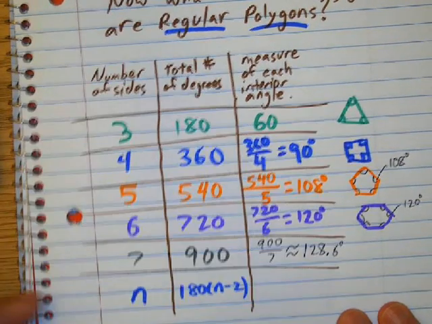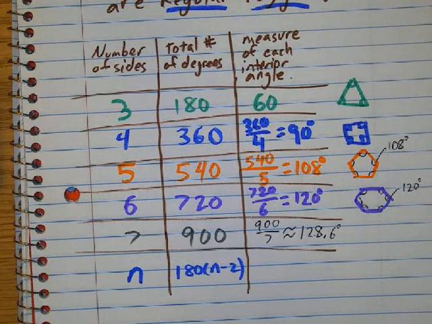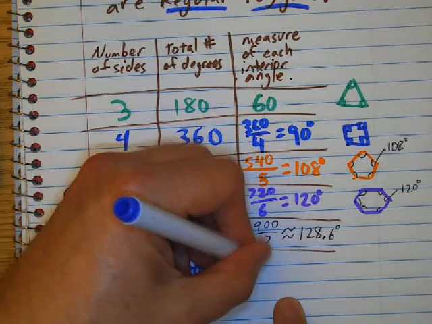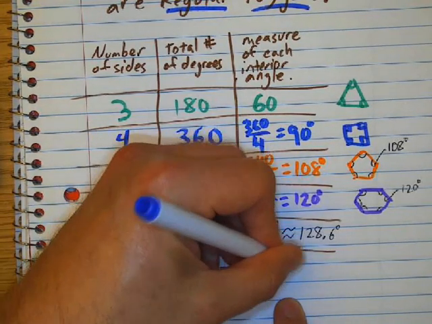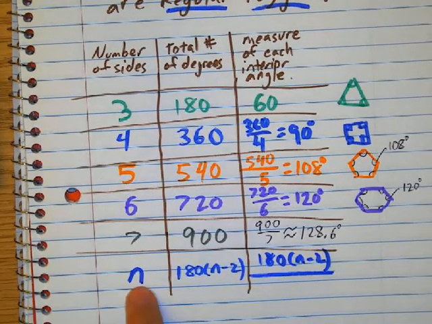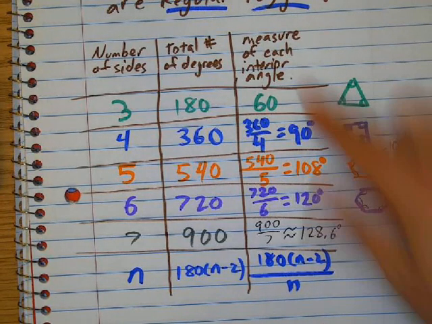So what if I have n number of sides? Then I'm going to have this value divided by n. So 180 times n minus 2, and all of that divided by this value, which is n. And that's going to give me the measurement of each interior angle.